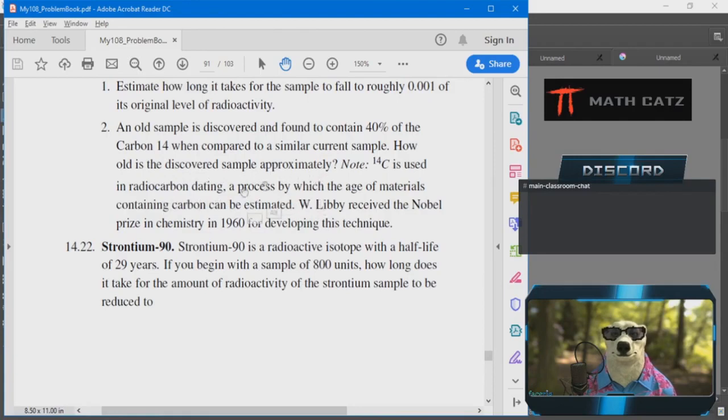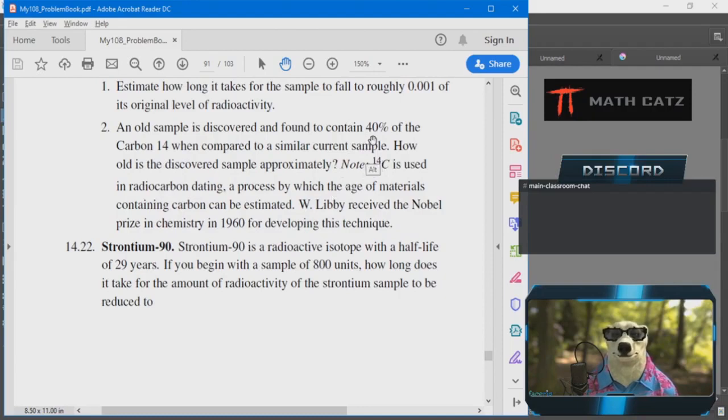So this is called carbon dating. By measuring the carbon-14 in an old fossil or something and comparing it to what I found in current comparable samples, I can get an estimate of how old that sample approximately is. So I get an old sample and I see, oh, there's only 40% of the expected carbon-14 left. How old is that sample?